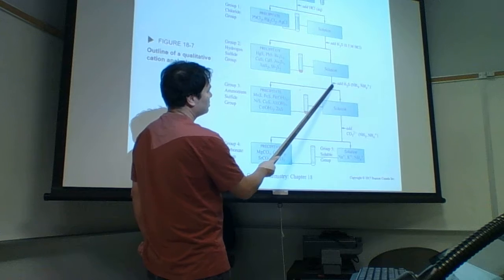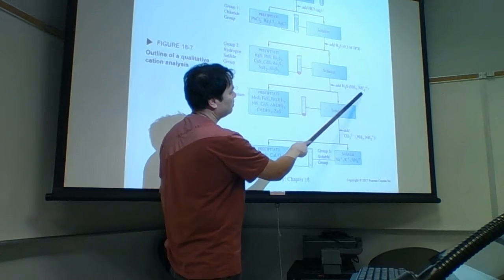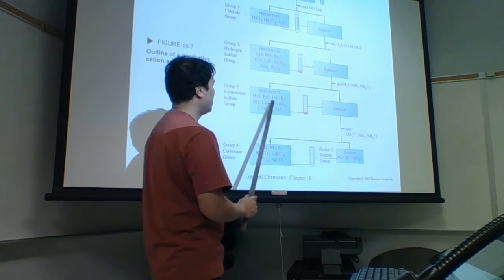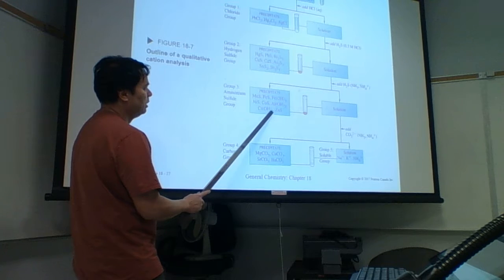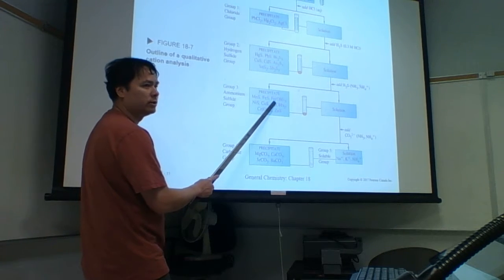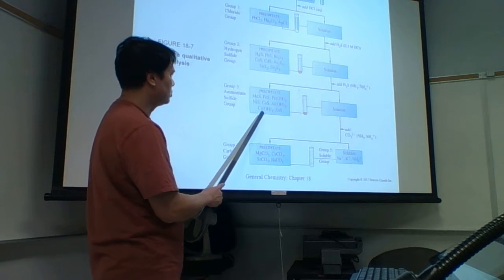Then we want to get the rest of the sulfides. Getting the rest of the sulfides, we do it at a much higher pH. This is going to be ammonium buffer. You raise the pH, and then you precipitate out the manganese, the iron 2. The iron 3 comes out as a hydroxide because hydroxides are even more insoluble than the sulfides. So that's more favorable in terms of precipitation.